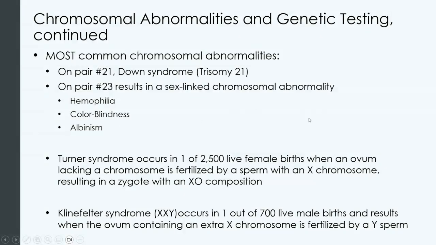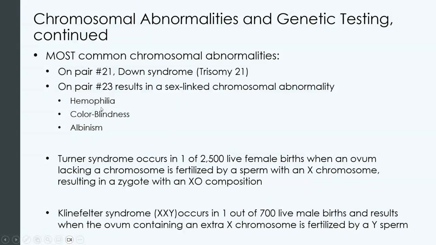Another area where we can have a lot of abnormalities is on the sex-linked chromosomes, and that would be the 23rd pair. So we can have all kinds of variations take place on that 23rd pair. And also we carry certain diseases on that 23rd pair.